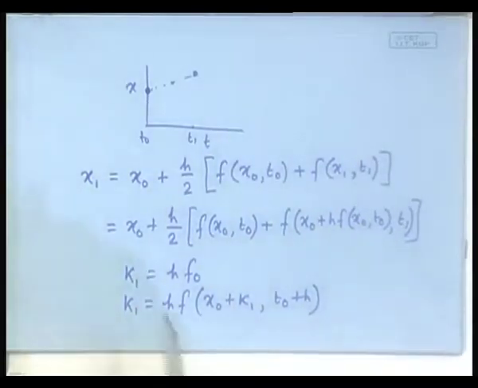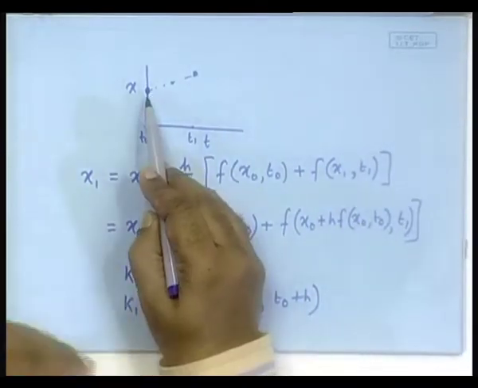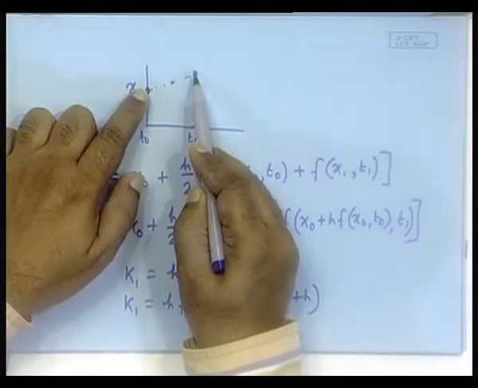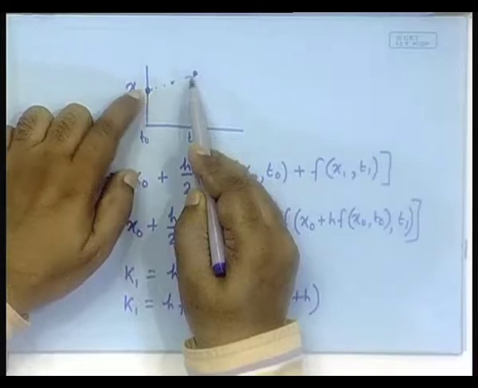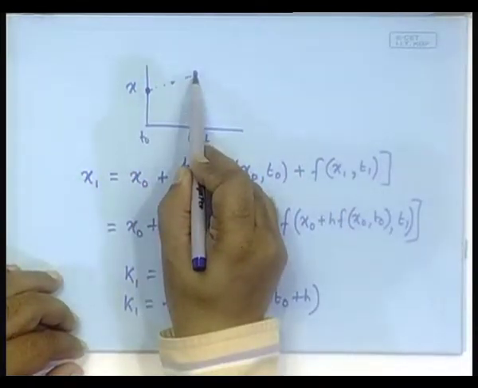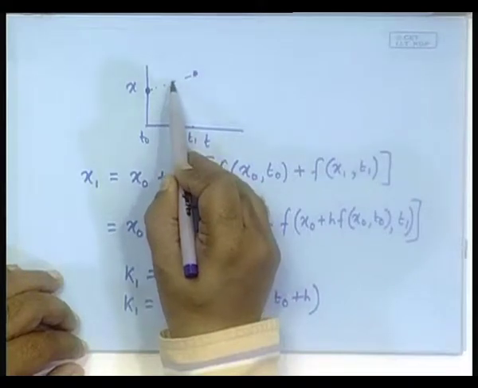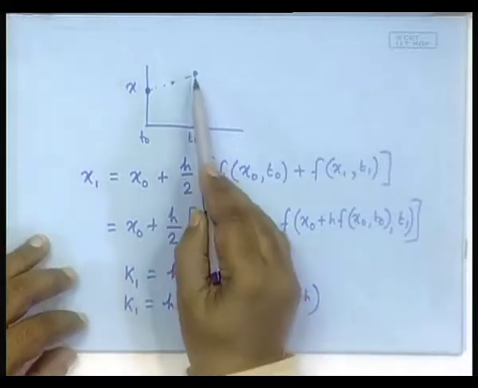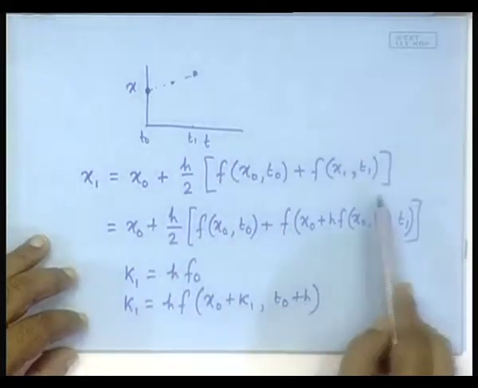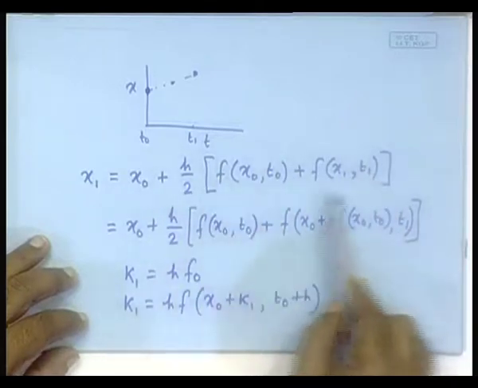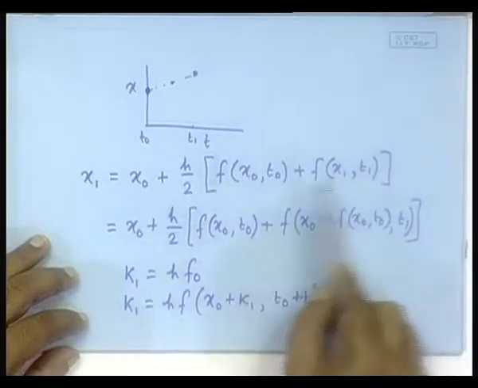So, what have we done? We first said that we will improve upon the slope that you take constant between this point and this point. Earlier we had taken this slope to be constant up to this point. Now, we will say that the slope here is constant from this point to this point, obviously a better approximation. And then in order to do that, we wrote it this way: the slope is this slope plus this slope, divided by 2.